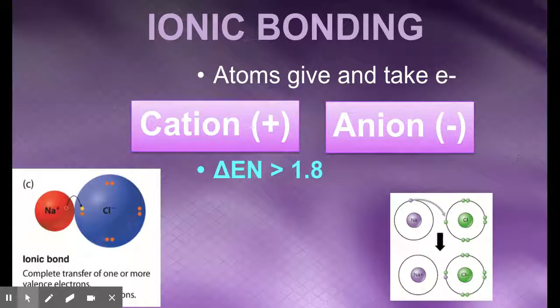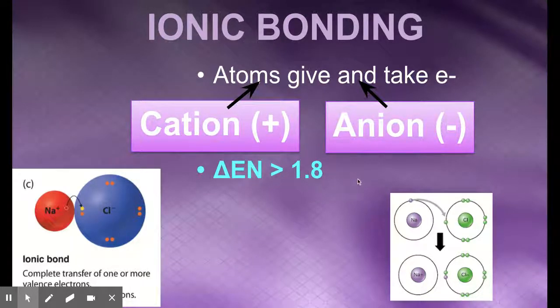With ionic bonds, the atoms give and take electrons. Your cations give up their electrons, and the anions take the electrons. Here, the delta EN, the change or difference in electronegativity, needs to be greater than 1.8.